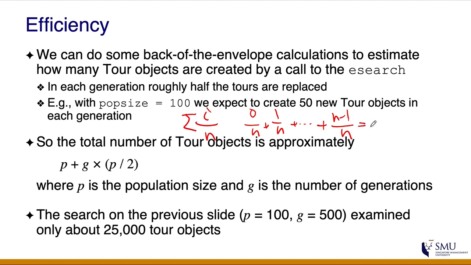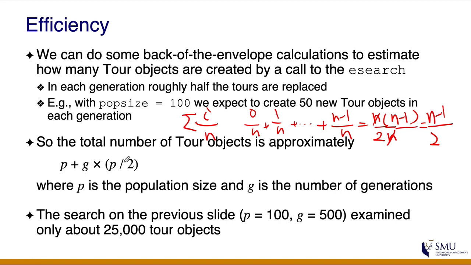So if you calculate this, you will get 2n, and then n times n-1. Just cancel out. So the expected number of survivors will be, roughly speaking, n-1 divided by 2, right?